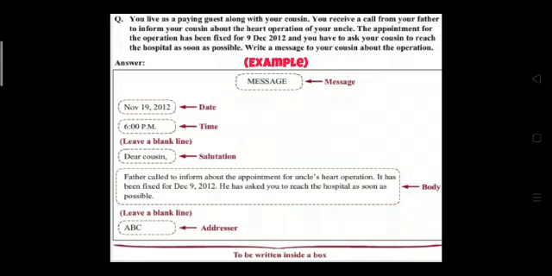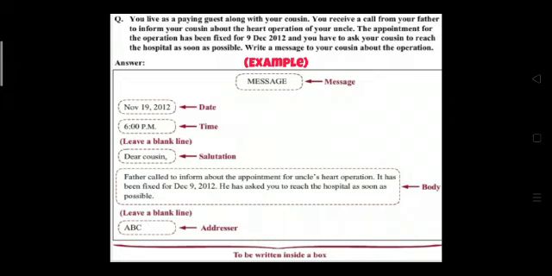Then comes the content part. Now children, you can see the content of the message is appropriate and there are no extra details or anything else mentioned in the content part. Look at the content. Father called to inform about the appointment for uncle's heart operation. It has been fixed for such and such a date.